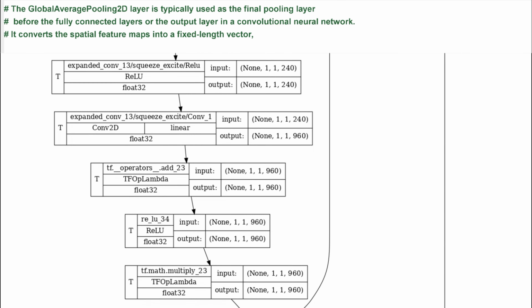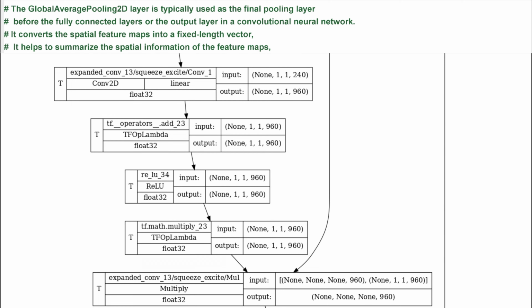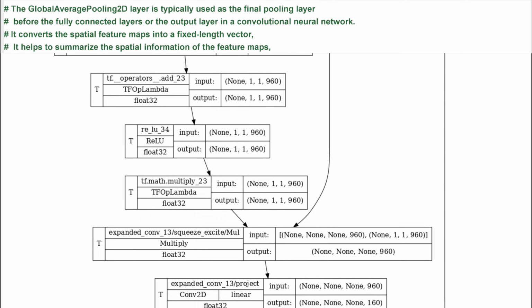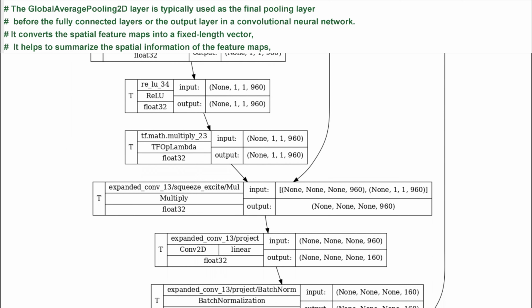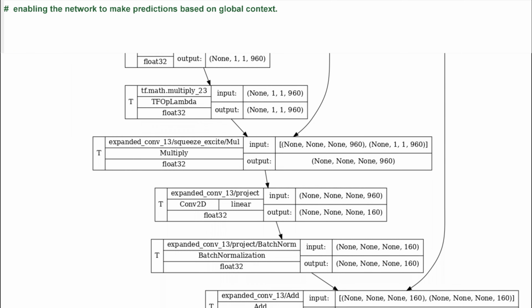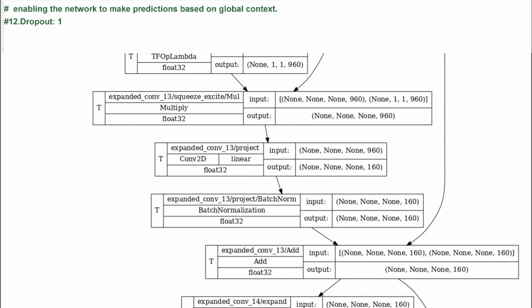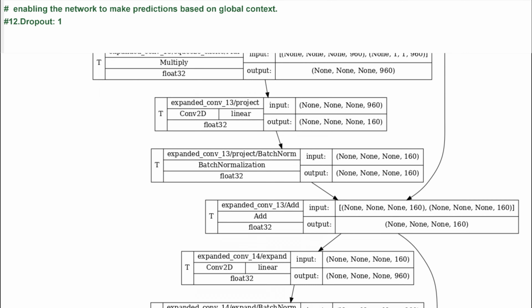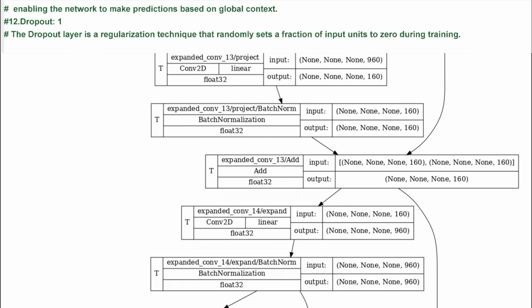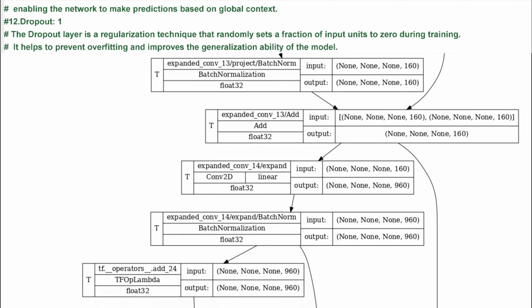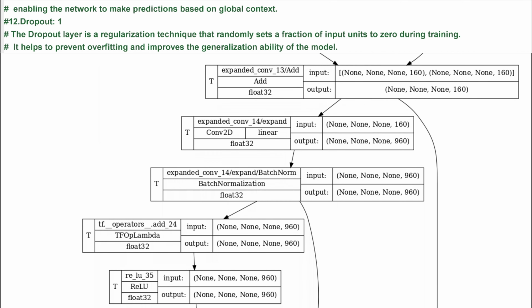It converts the spatial feature maps into a fixed-length vector. It helps to summarize the spatial information of the feature maps, enabling the network to make predictions based on global context.